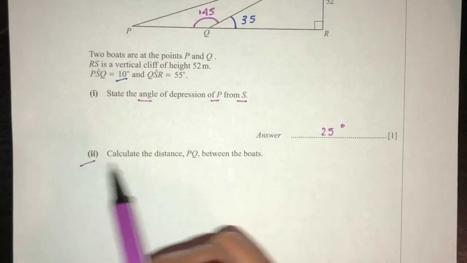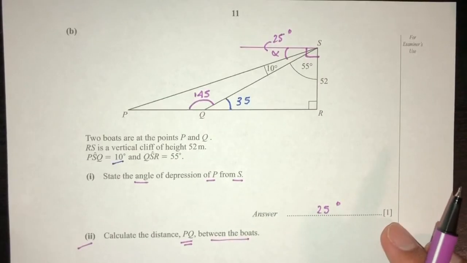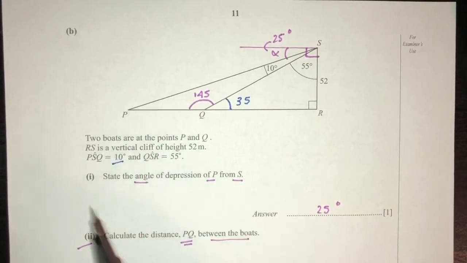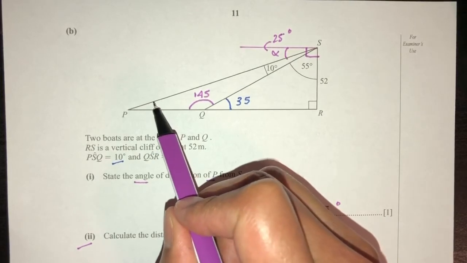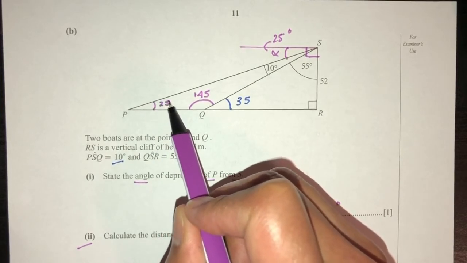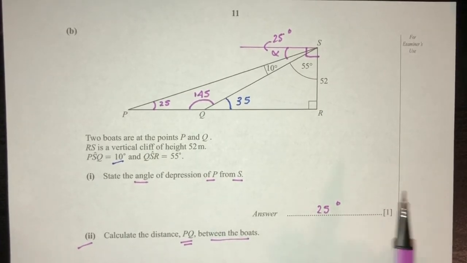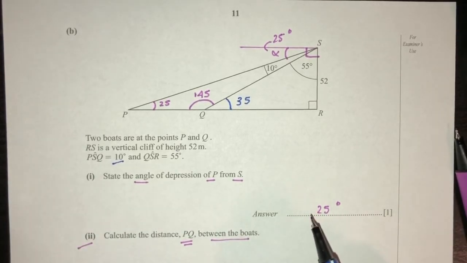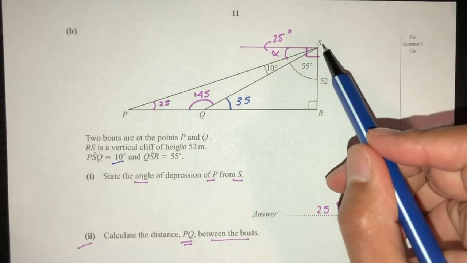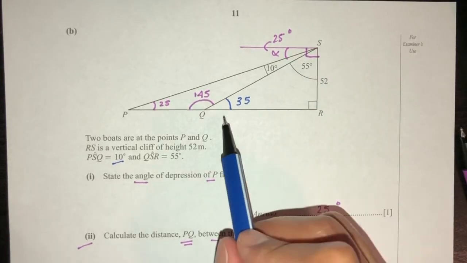Now for part 2, calculate the distance PQ between the boats. So here we have to find PQ. So if this is 25, this also has to be 25. Okay. So next step is, how would you find the distance PQ? There should be a few steps. Let's observe what can we do first. For now we know this side is 52, and we can first find this side.